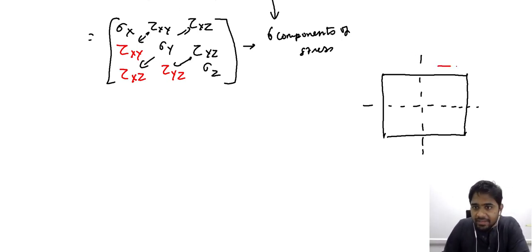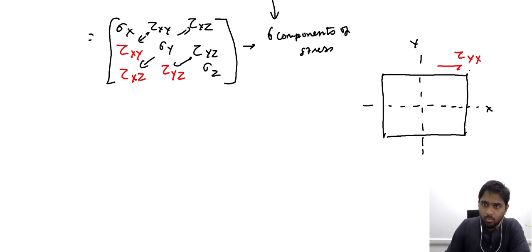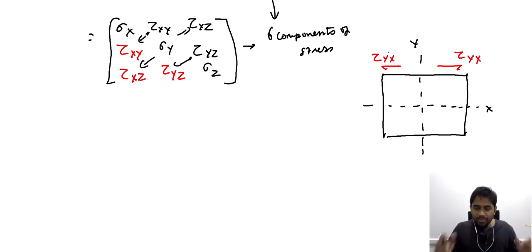If we designate this stress as tau yx, where this is the y-axis and this is the x-axis, and this stress is also tau yx because it is also acting along the y-axis in the x direction, the terminology we use to represent these two stresses is the same, that is both are represented by tau yx.